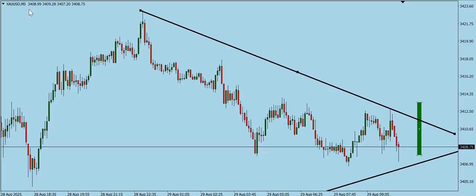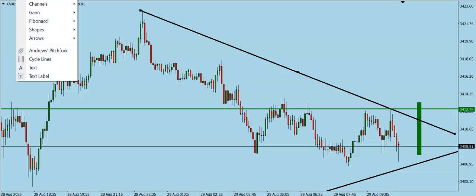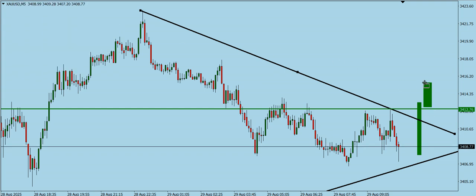It closes above this resistance, then you might possibly start to think of buying. If you start to see the candle develop in this direction, you might start to think of buying.